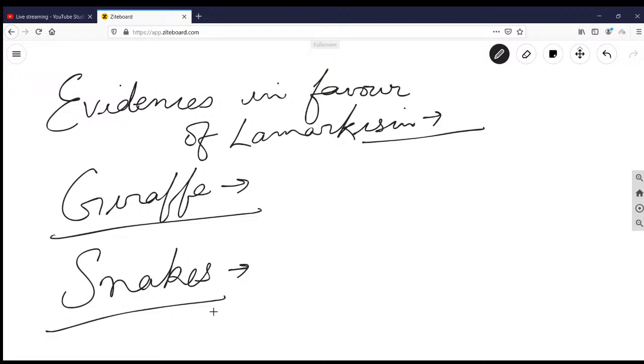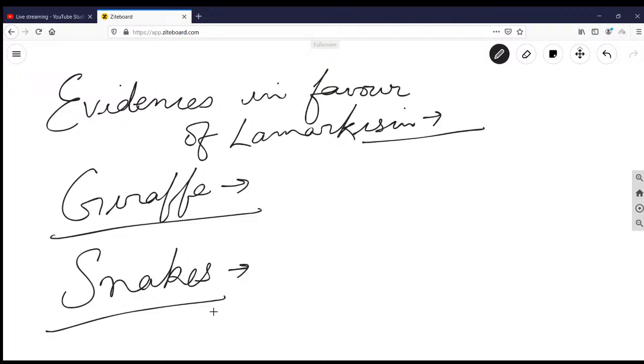So in order to avoid noise, in order to reduce noise, what happened was, their creeping mode of locomotion and fossorial mode of living, out of fear of larger and more powerful mammals, led to the loss of the limbs.